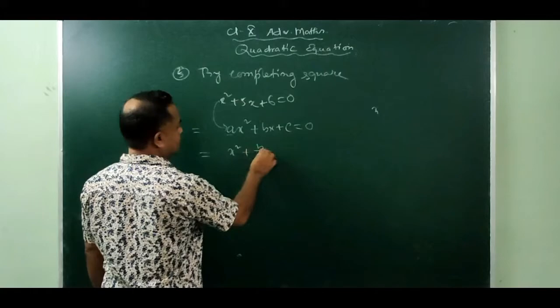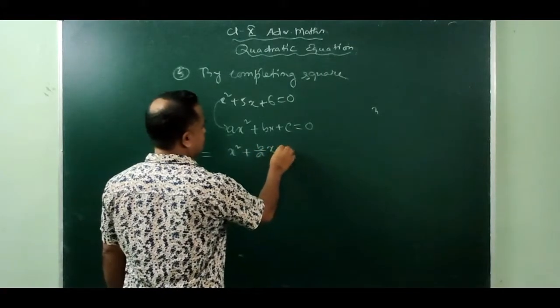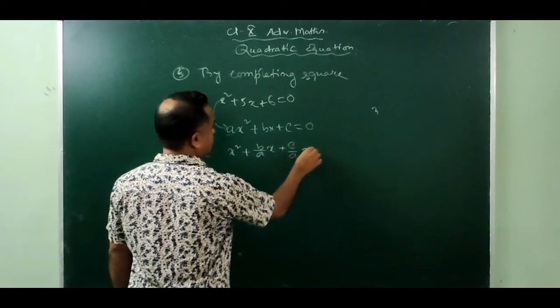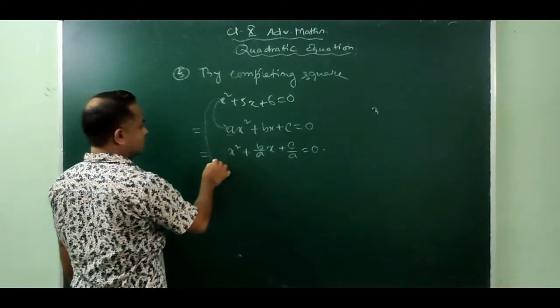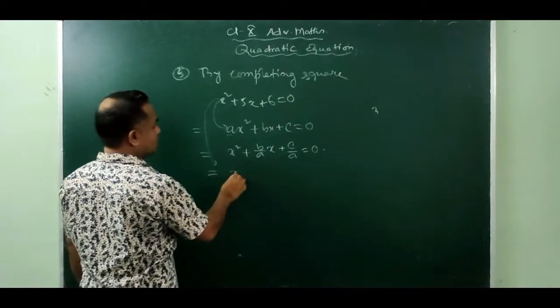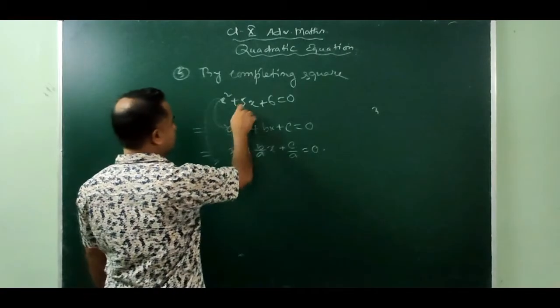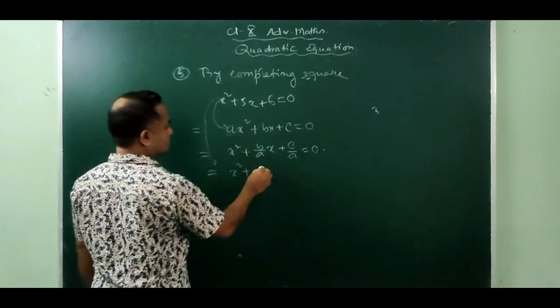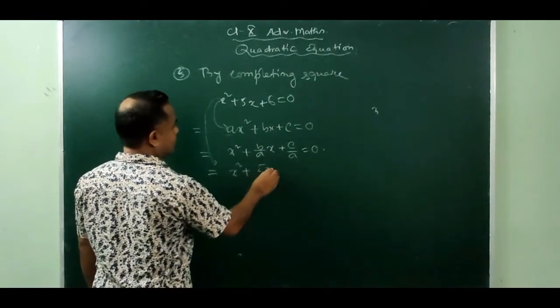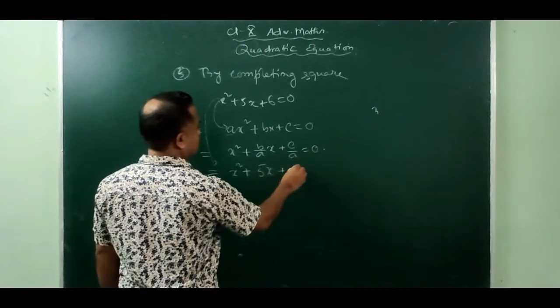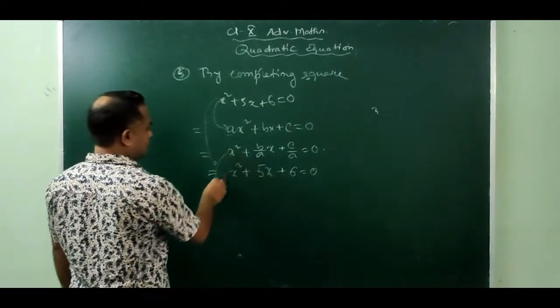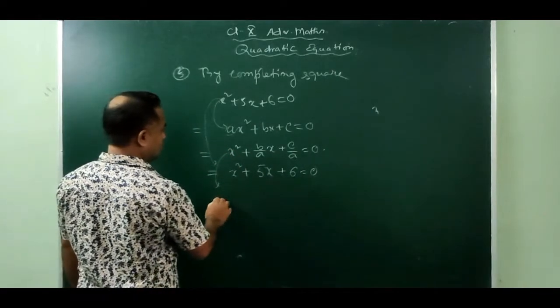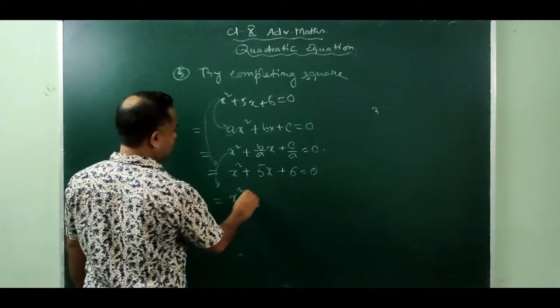Then now we have b by a x plus c by a equal to 0. When we transform this, it becomes x square plus 5 by 1, a means 1, so 5x plus 6 by 1, so it will make 6.